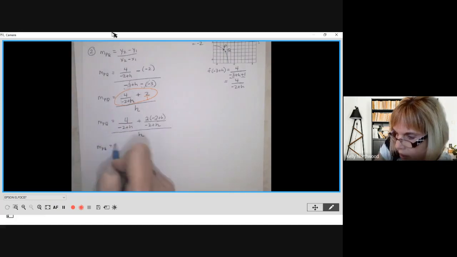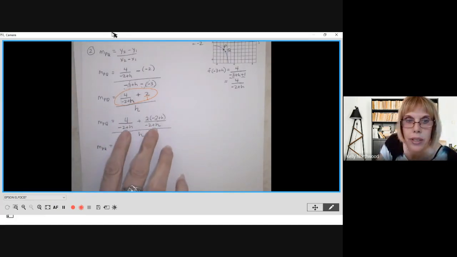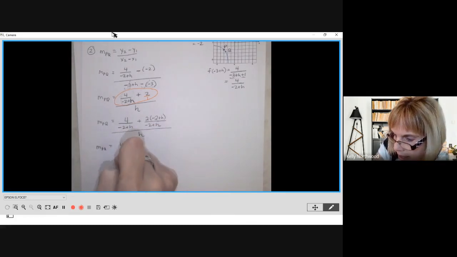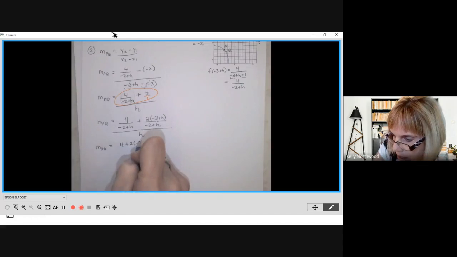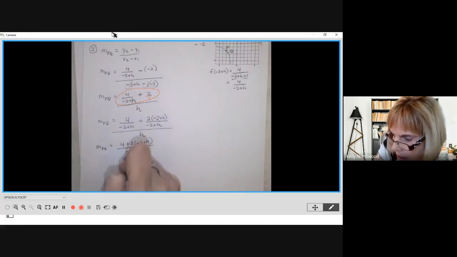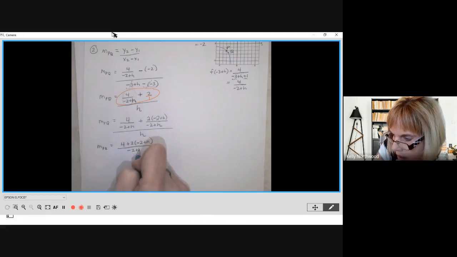So once you have a common denominator, you can, in this case, add the numerators. And I like writing this step in because it prevents us from getting signs wrong. Add our numerators over the common denominator, -2 plus h.